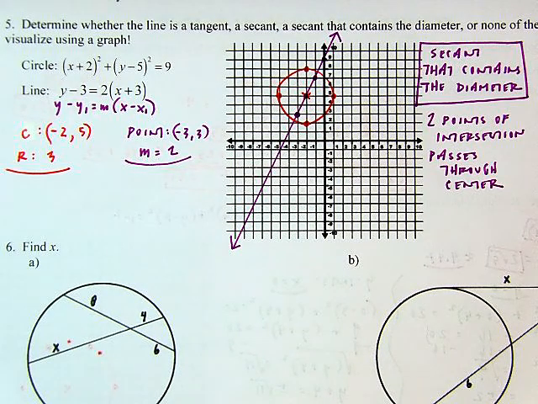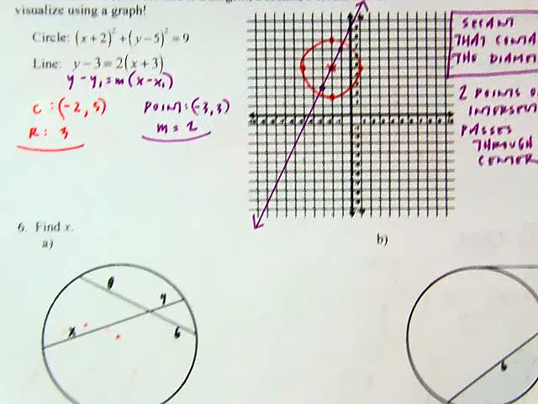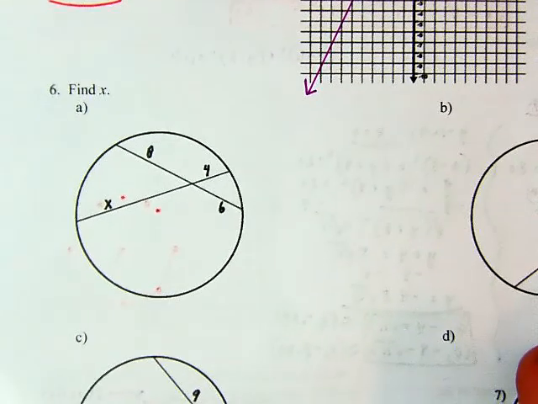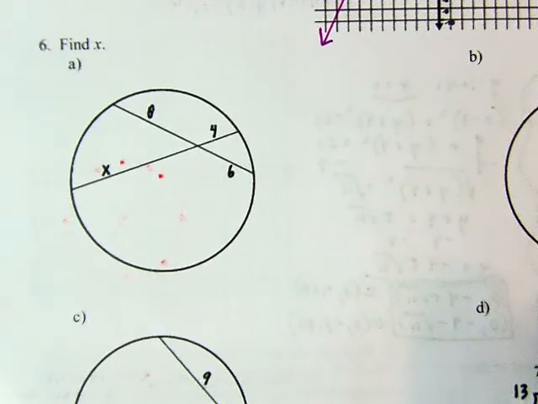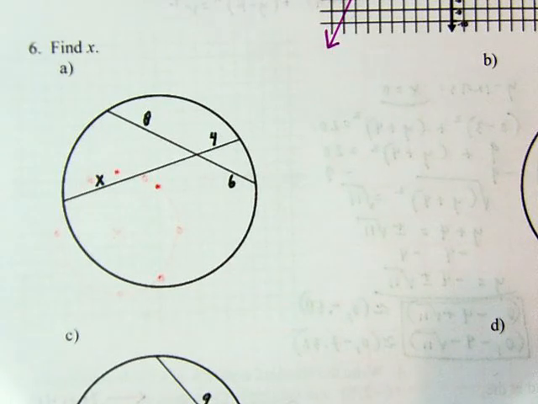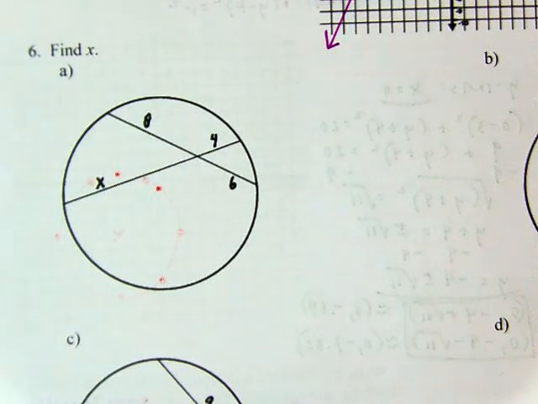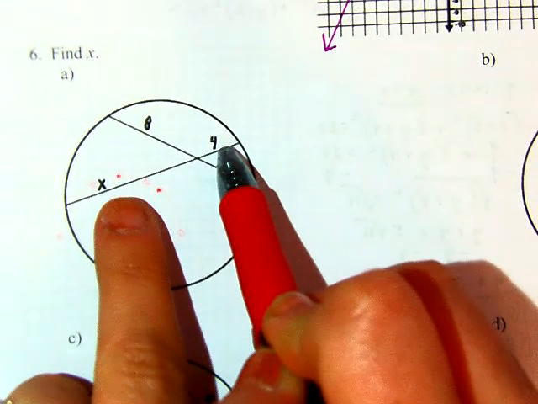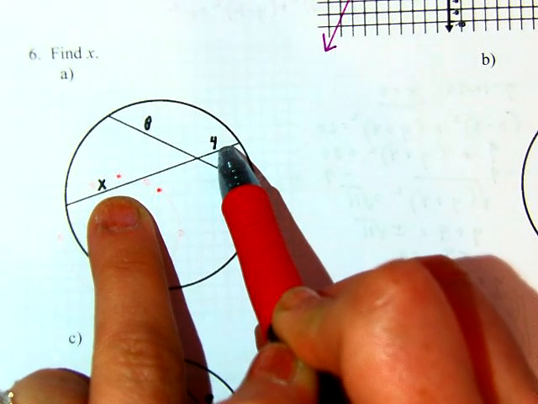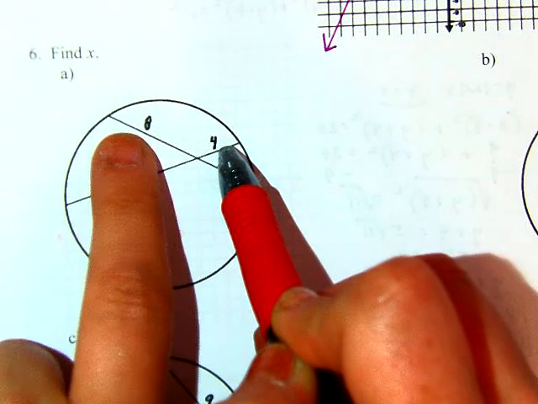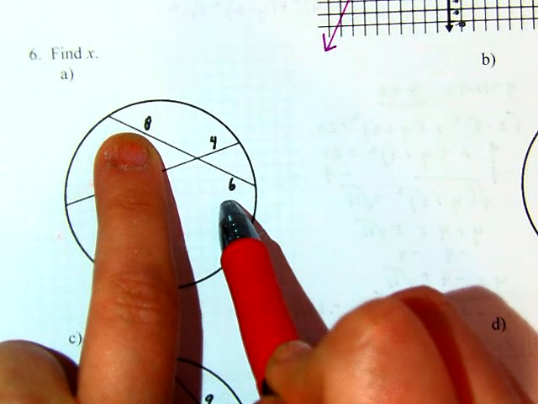Let me zoom in a little tighter to get into 6. All right, so 6, I'm giving you a bunch of the different segment relationships. So when I look here, I see that I have 2 intersecting chords. So what I'm looking for are my smaller portions. I know that 4 times x is going to be equal to 8 times 6.